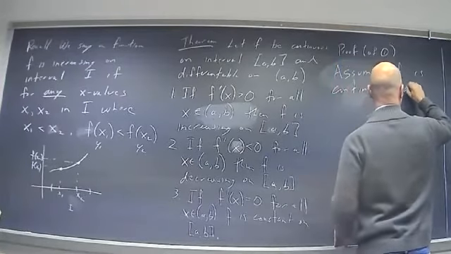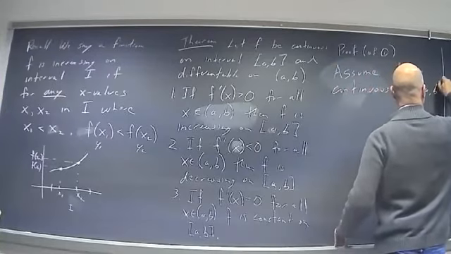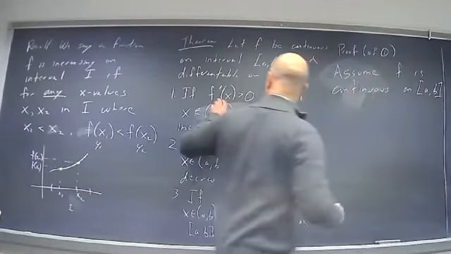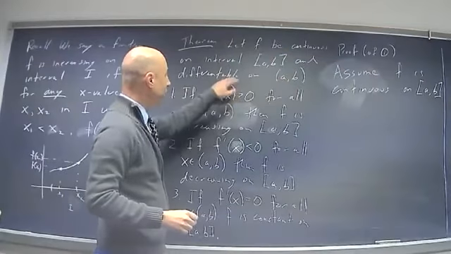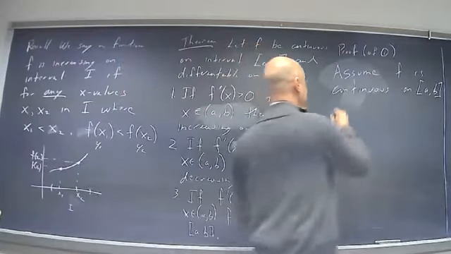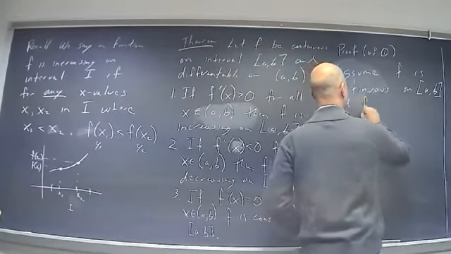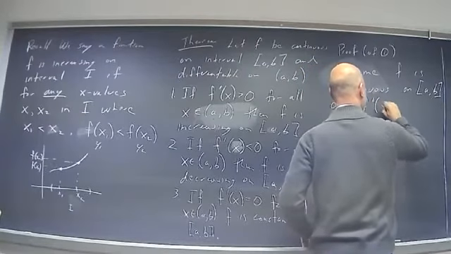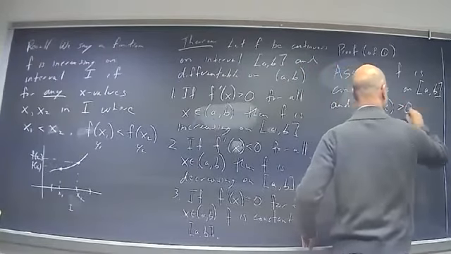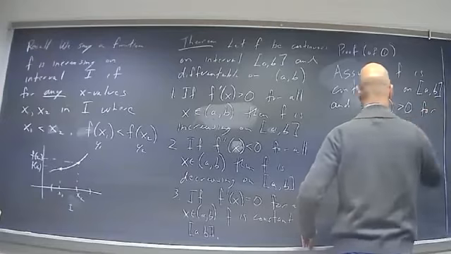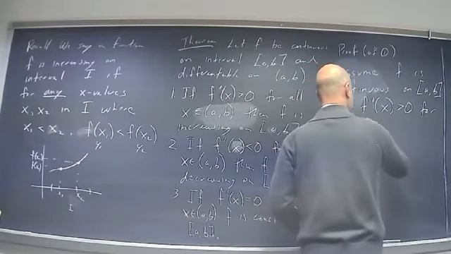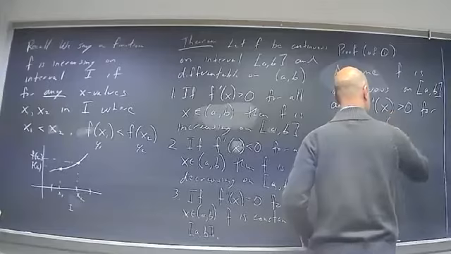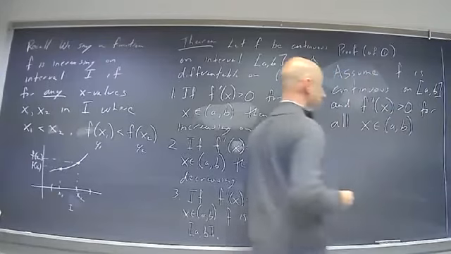So f is continuous on [a, b], and not only is the function differentiable, but its derivative is positive. f prime of x is positive for all x in the open interval (a, b).